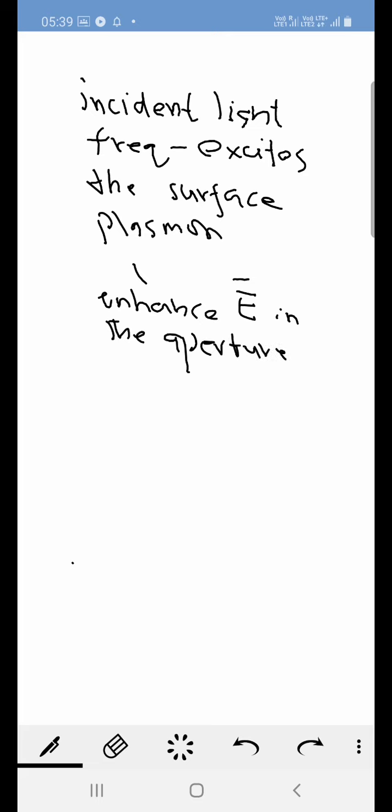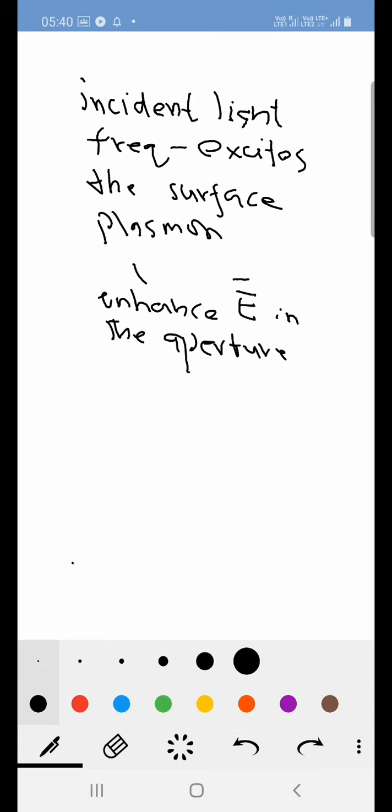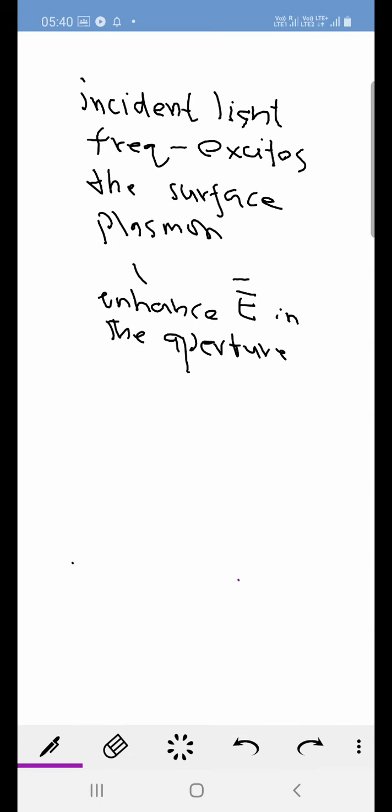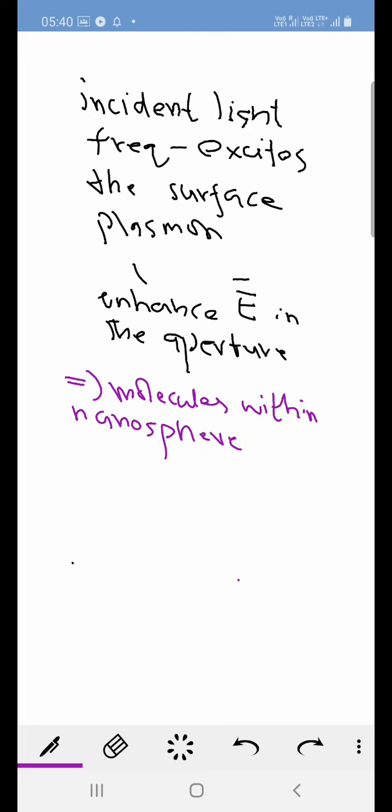And the molecules located within the nanosphere experience an enhanced optical excitation. So what it will do is, molecules within the nanosphere have enhanced optical excitation and also enhanced fluorescence.